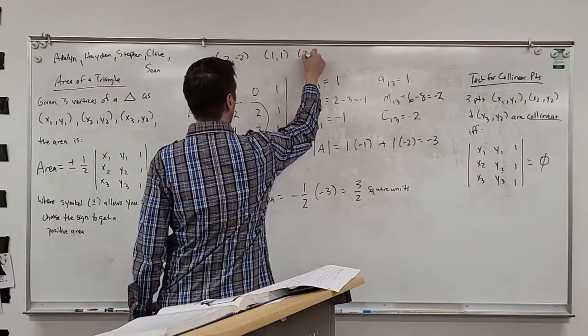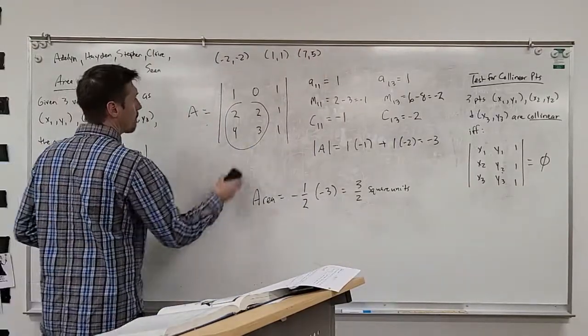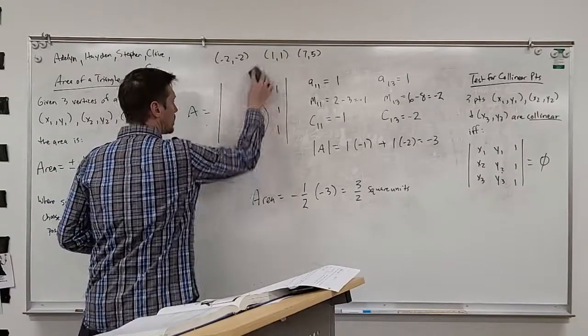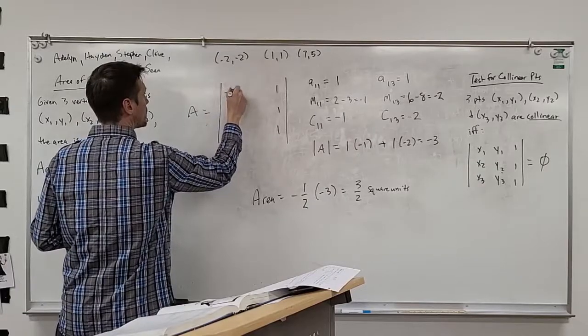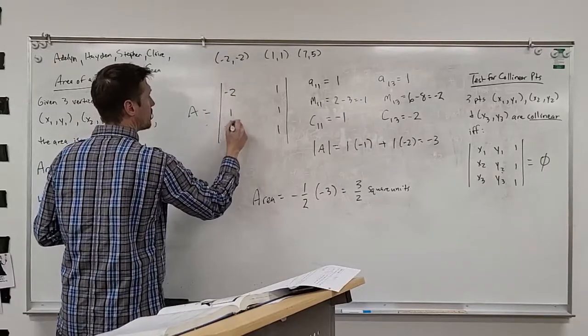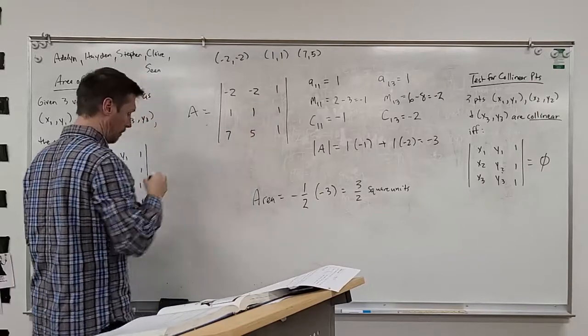And they ask us, are these points collinear? So what we do is build a 3 by 3 matrix using these points. We use all of our x values, -2, 1, 7, and all of our y values, -2, 1, 5.